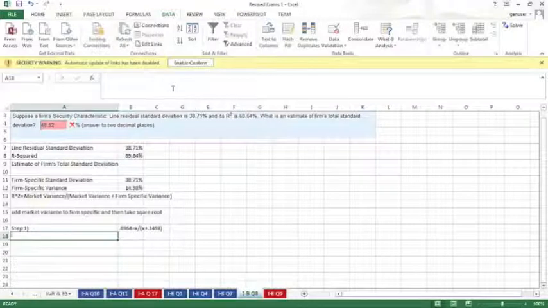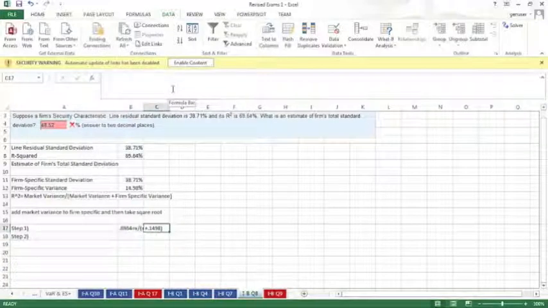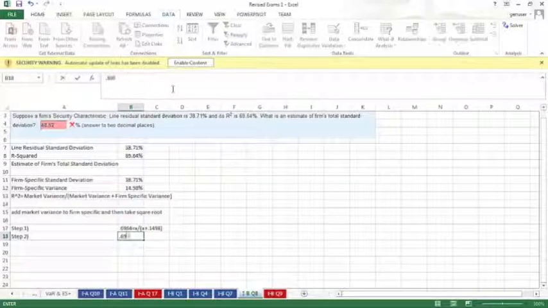And so if we just do step 2, to solve for x, we're going to multiply both sides by the denominator. And if we do this to the right side, it's going to cancel. And then the left side is going to be 0.6964 times x plus 0.1498 equals x.